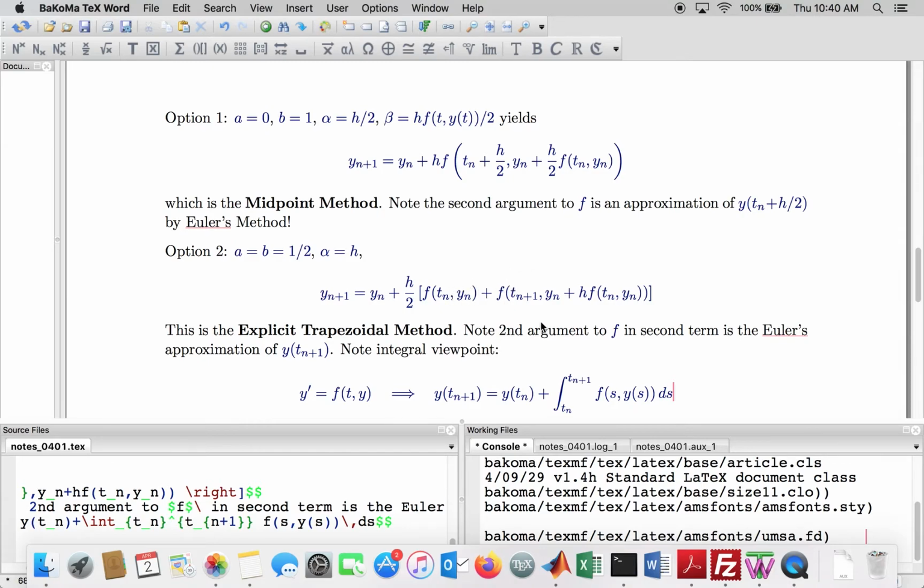So here we have two different ways of approximating this integral. This is the midpoint rule. We evaluate the integrand only at the midpoint of this interval. And then here, the trapezoidal rule, the basic trapezoidal rule, non-composite.